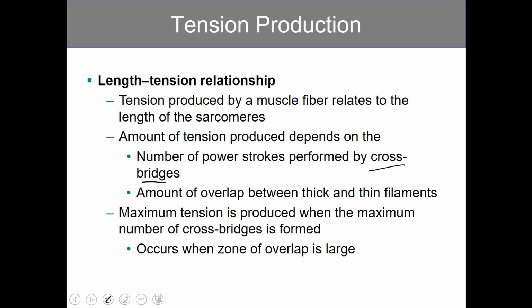There is a maximum tension produced when the maximum number of cross bridges is formed. So again, in your tug of war scenario, the maximum number of people will produce the maximum tension. In reality, in the skeletal muscle fiber, this occurs when the zone of overlap is the largest.